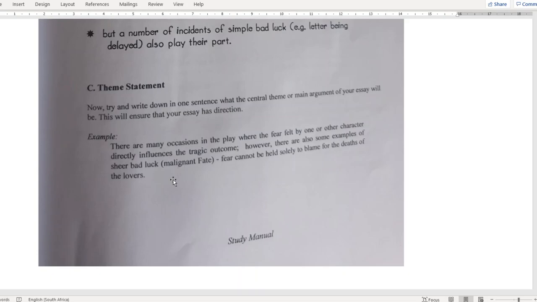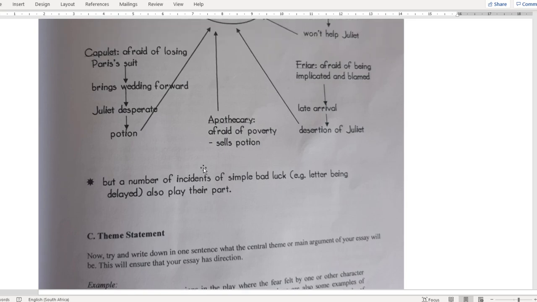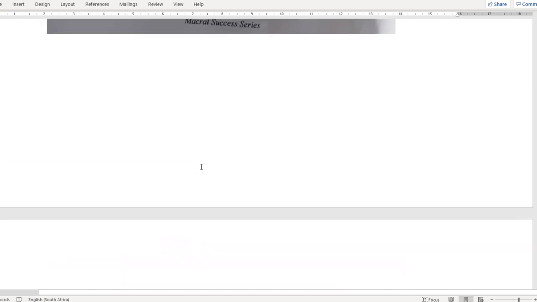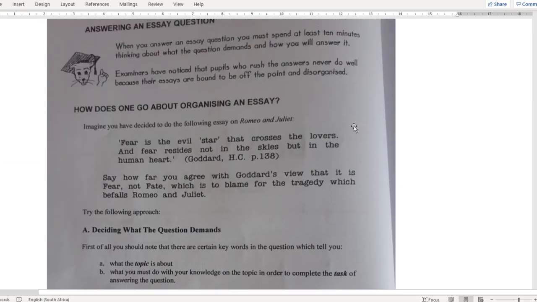So you need to decide what points you feel confident in presenting in your essay, versus taking the points that are in this book and the points that I'm going to discuss with you. You need to have your own points that you want to convey. It'll make it a lot easier in developing your argument if it is points that you fully understand and are comfortable with, right? So this ends part one of the literary essay. In part two, I will go through how to answer this question in detail.